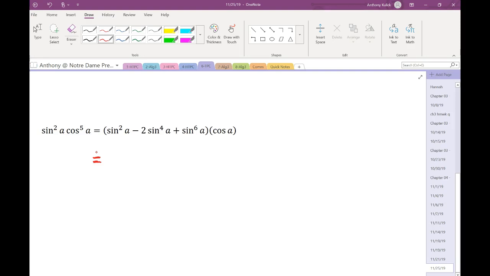What do you want to do first to that right-hand side? Well, if I look inside the parentheses, I have a sine squared, a sine to the fourth, and a sine to the sixth. So none of them are like terms. What could we take out? Yeah, let's take out a sine squared. Good idea.